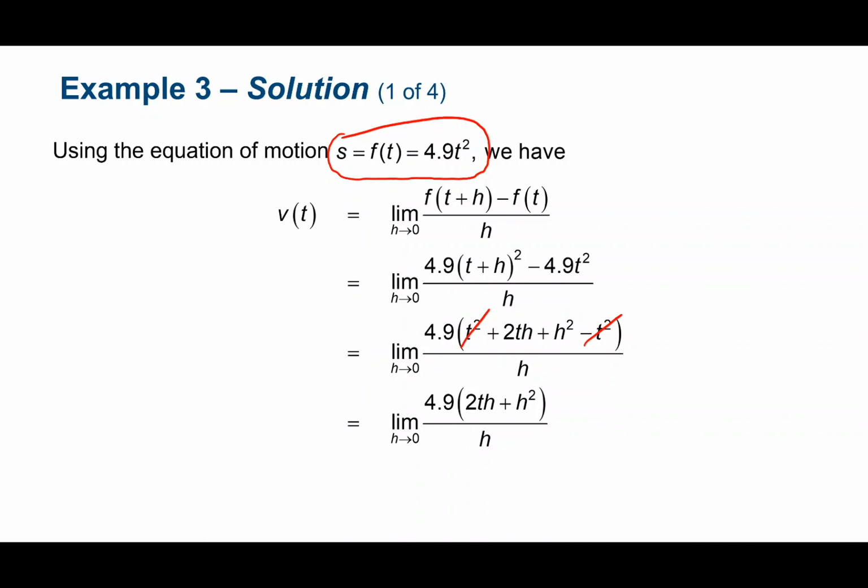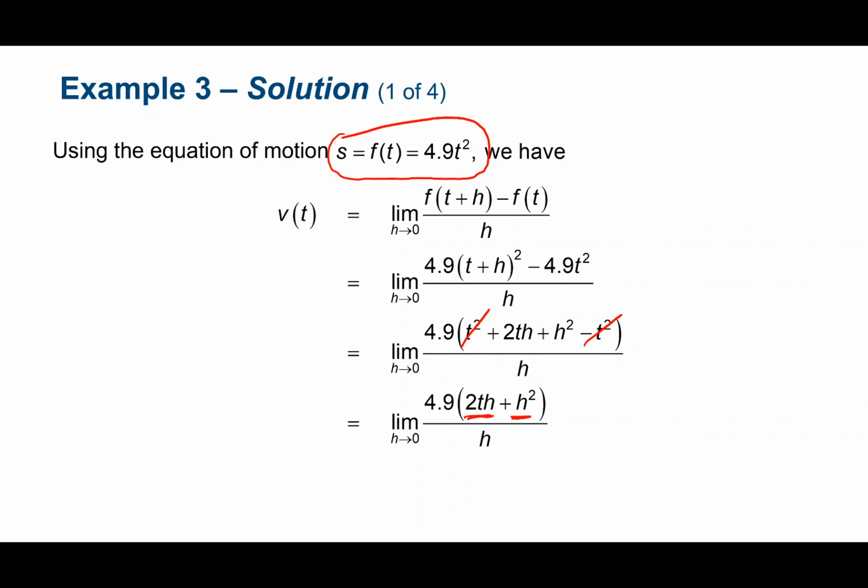When we try to find the limit of a rational function and get 0 in the bottom, what else should we try? Try factoring. It may not be jumping out at you, partly because they've got that 4.9 factored out. Let's just look at this term and this term.